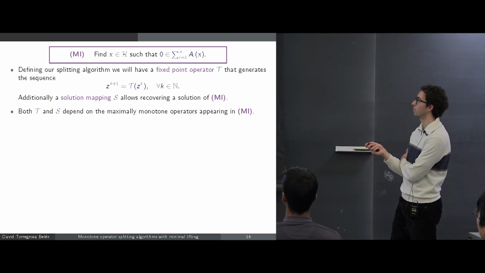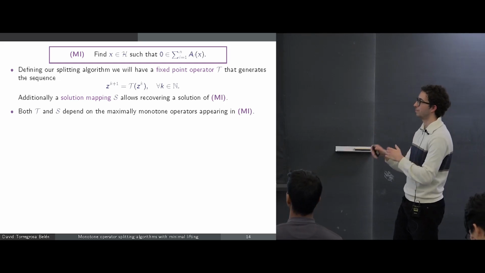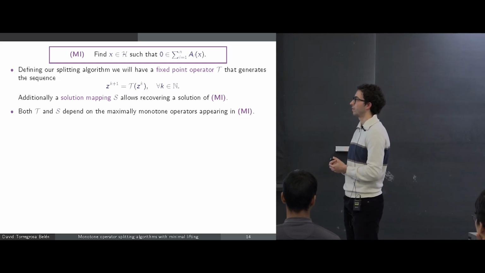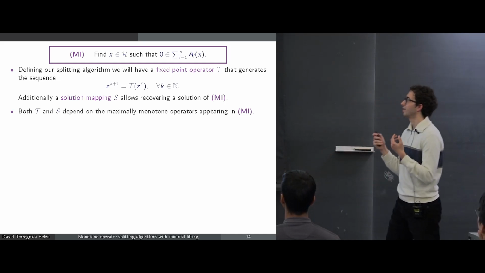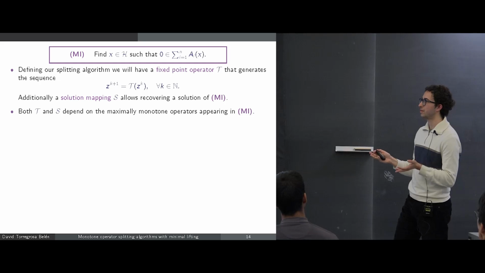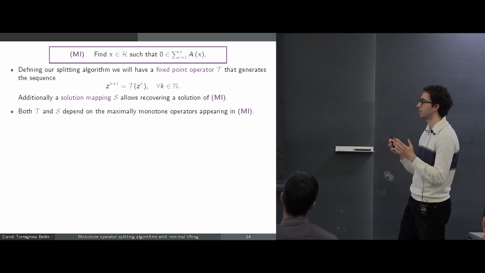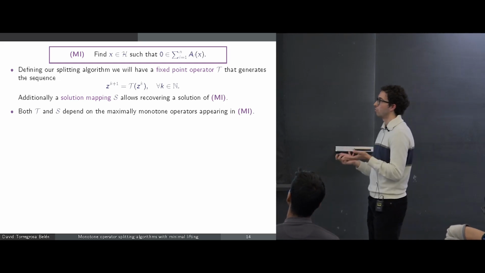In the following, I'm going to be interested in this monotone inclusion, where I have, again, n maximal monotone operators, and I want to find a zero of their sum. From what I told you, I hope we can all agree that whenever I talk of a splitting algorithm, this method can be given by two operators.